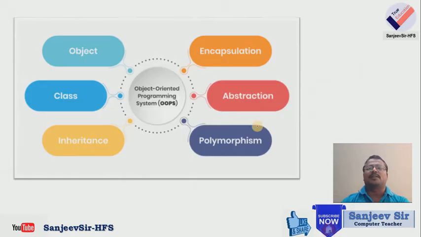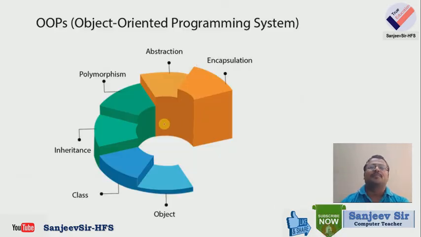Now we understand that. Next thing, object oriented programming concepts: object, class, inheritance, encapsulation, abstraction and polymorphism. These are the principles. These are the basic concepts related to object. Okay, one by one we will understand all the things.